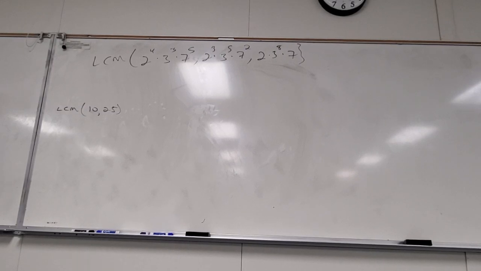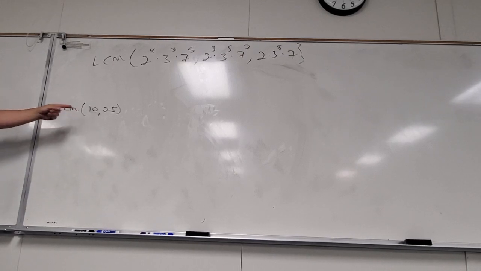What's the LCM of 10 and 25? LCM, not GCF. What's the difference? GCF is the biggest number that goes into each thing. LCM is the lowest number they both multiply up to, right? Yeah, it'll be 50, right?